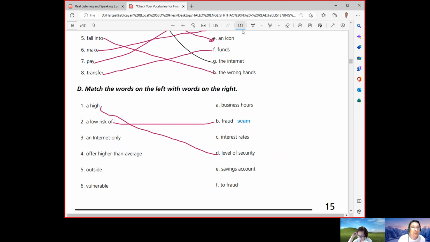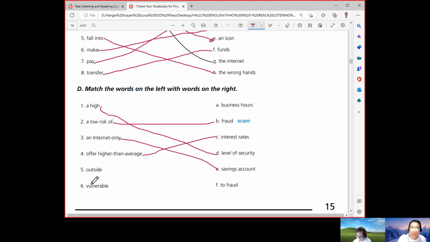Next, offer higher than the average interest rate. In a certain bank, we need to remember to choose a bank that offers higher than the average interest rates.